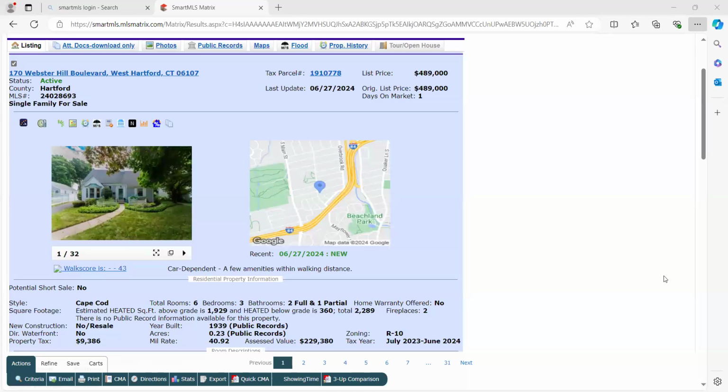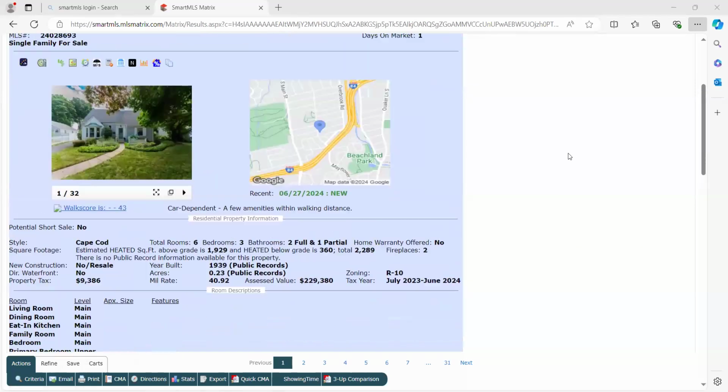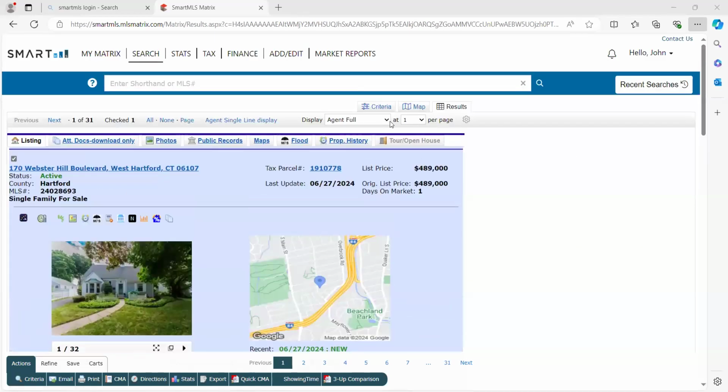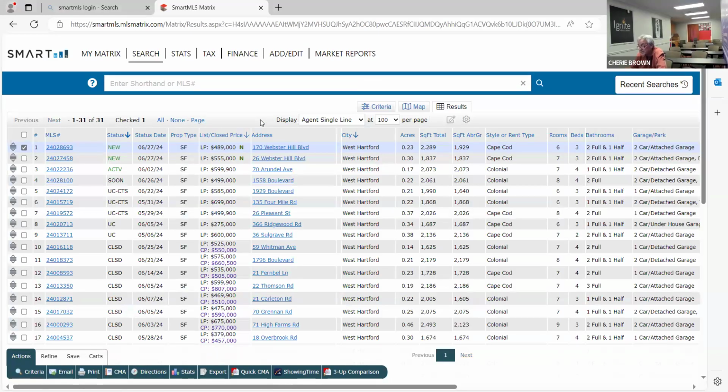Looking at the property, what I'm finding is it's also near the highway. But the price is almost 100K down, more than 100K.